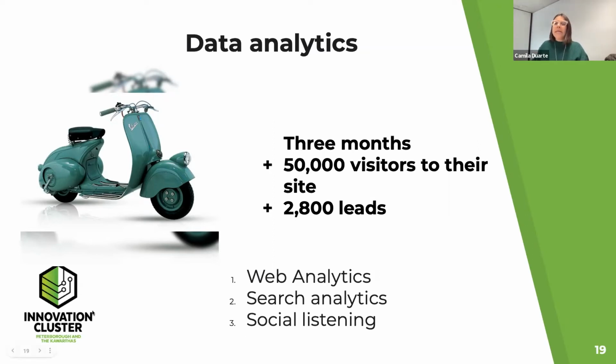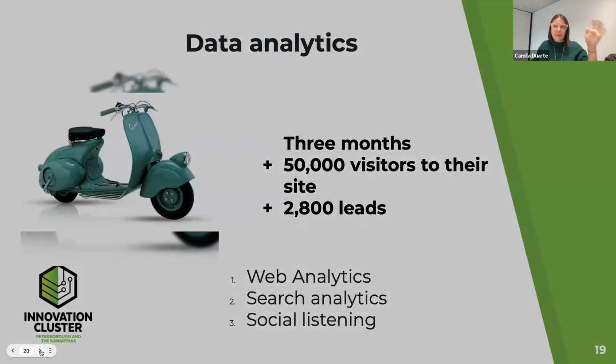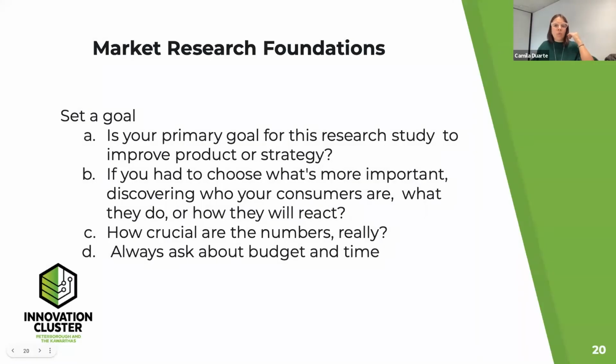All right. So let's say you know what kind of research you want to use. The secret to getting clearly defined data is to begin with clearly defined goals. The first question you want to ask is: is your primary goal for this research study to improve a product or a strategy?